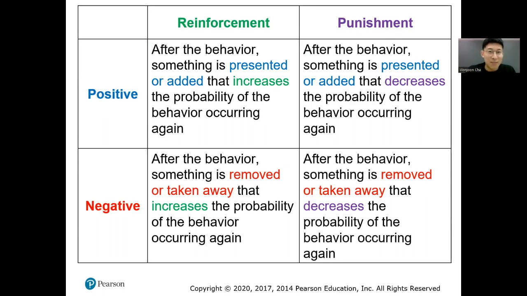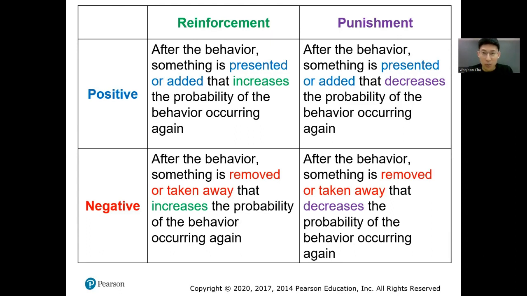And at the same time, if after the behavior something is removed or taken away that increases the probability of the behavior occurring again, then it is negative reinforcement. But if something is removed or taken away that leads to a decrease in the probability of the behavior occurring again, then it is negative punishment.